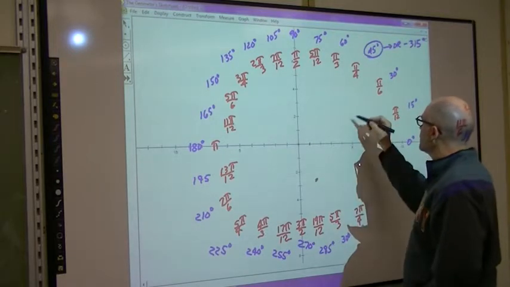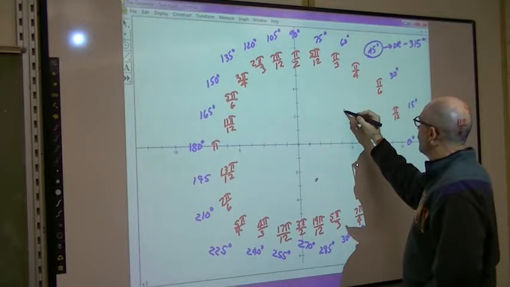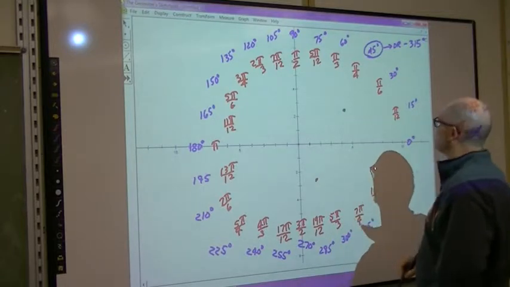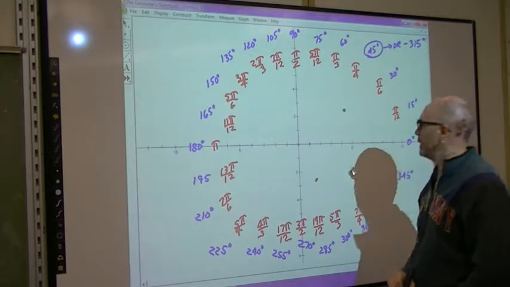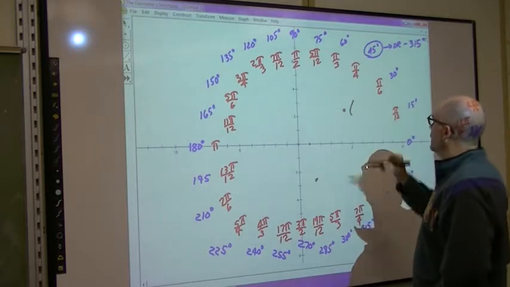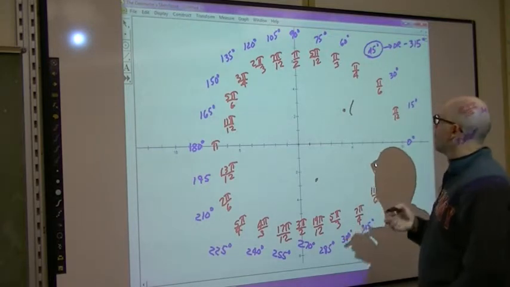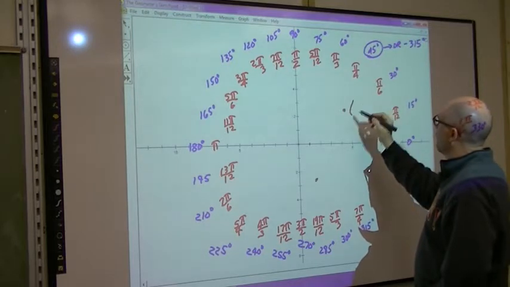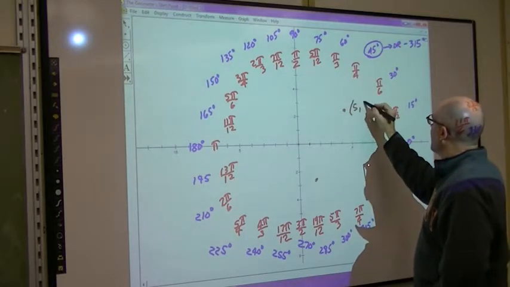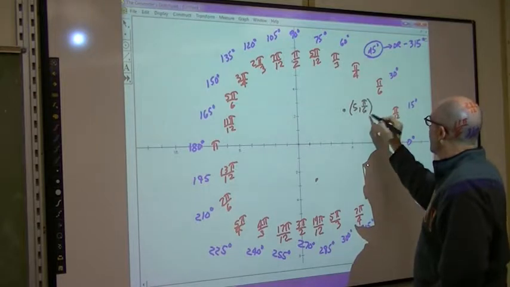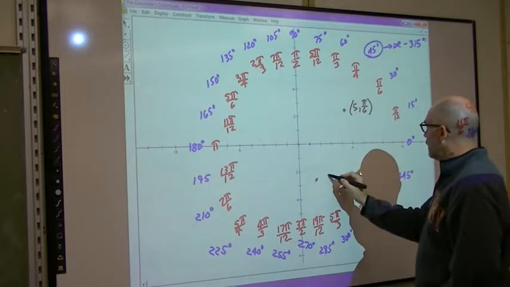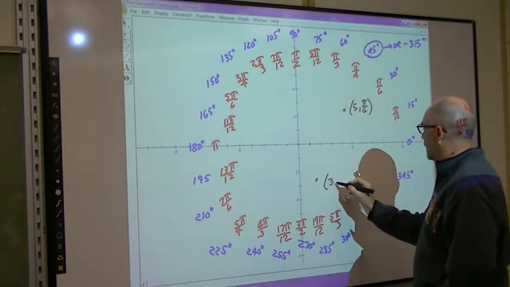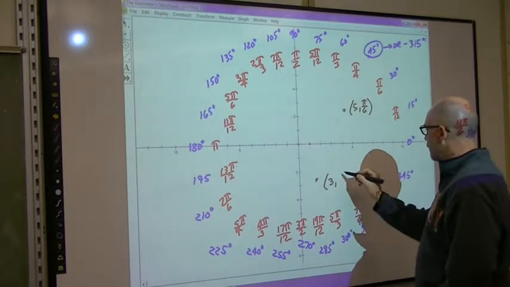Let's label them in terms of radians. It really doesn't matter. So this point is 5 at pi over 6. And this point is 3 at 5 pi over 3.